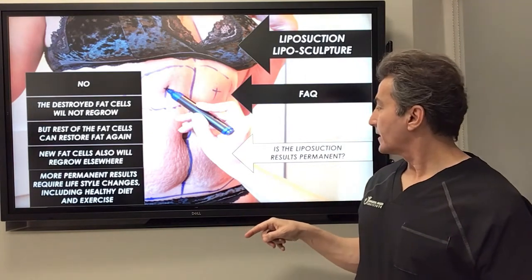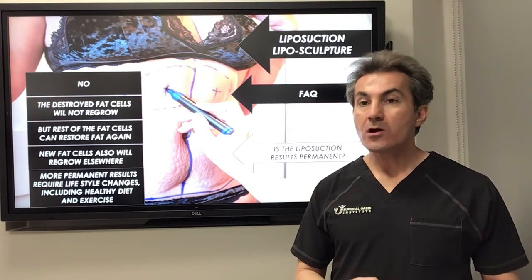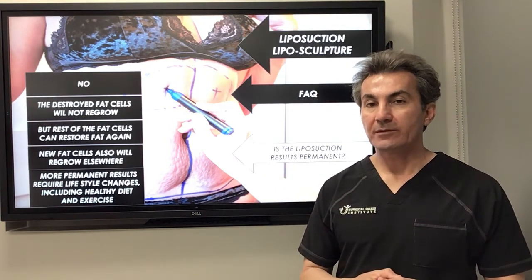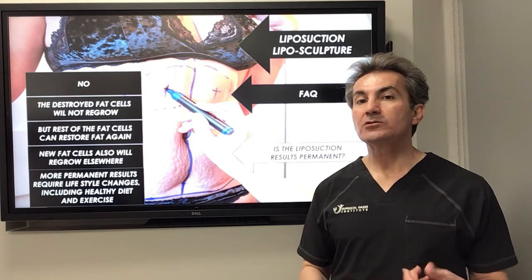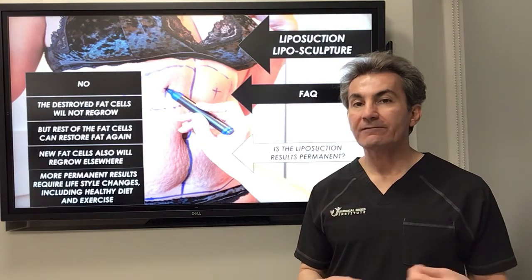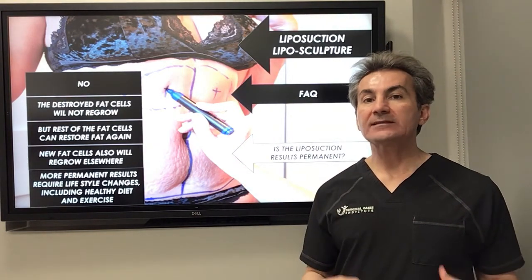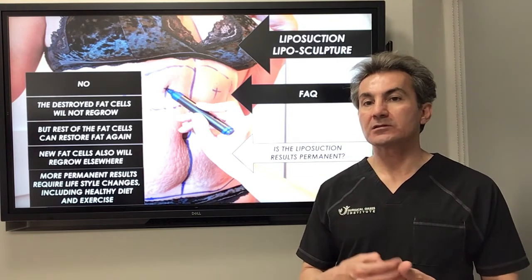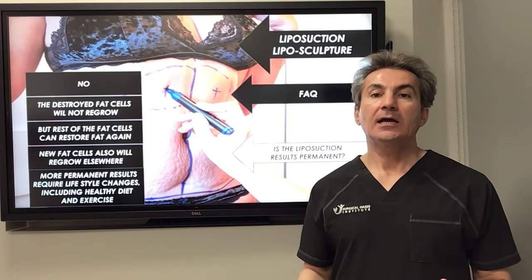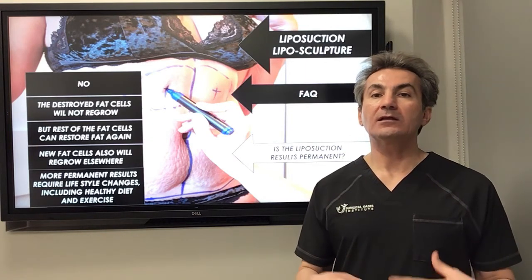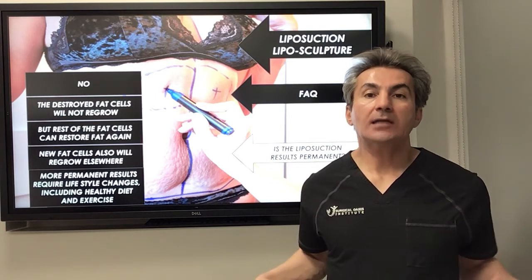The last question is, is liposuction permanent? No, liposuction is not permanent. Obviously, in the areas where we do liposuction and remove the fat cells, they don't come back, they don't grow back. However, there are still fat cells in those areas, and if the patient does not follow an appropriate healthy diet and does not exercise and gains weight, they can gain weight in those same areas or the areas where the liposuction did not happen.